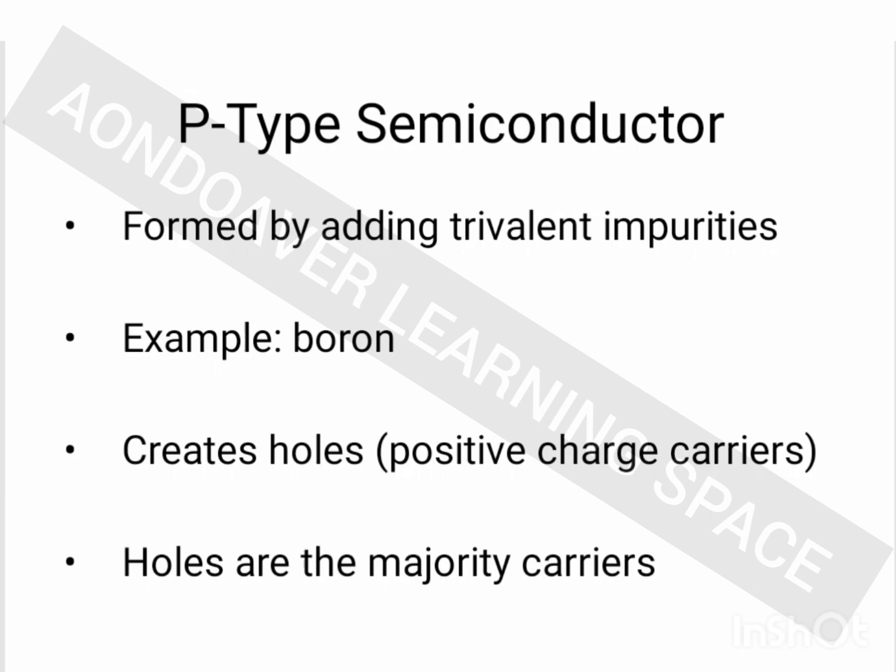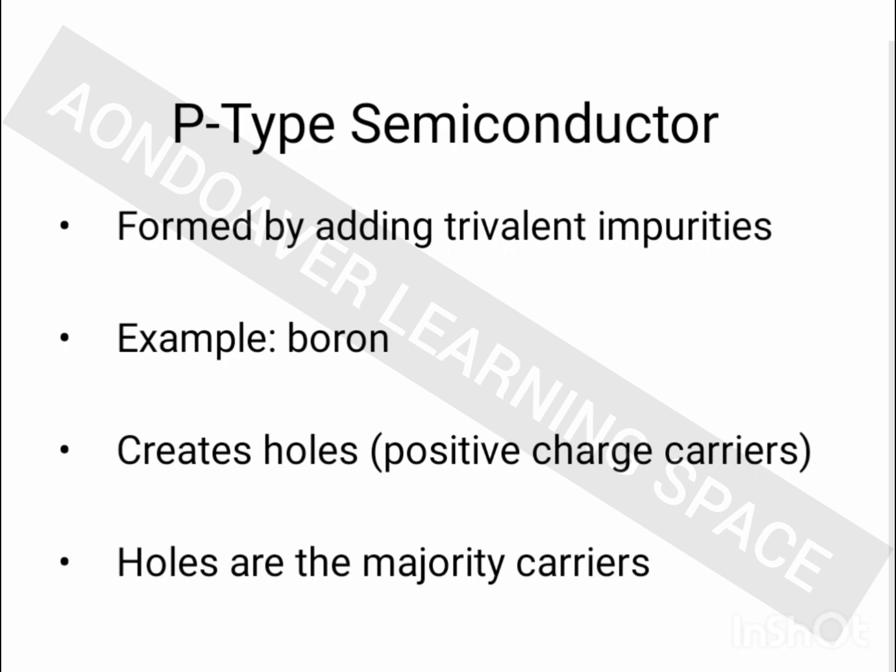So that space is what we call a hole. It creates a hole, and that hole is what we call positive charge. And the majority charge carrier in a p-type semiconductor is the hole, or the positive charge.